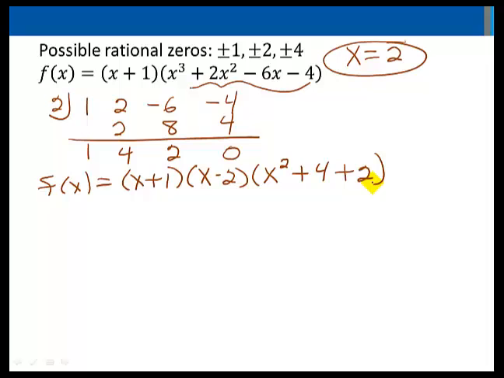My highest power factor is now a quadratic, and at this point I usually quit plugging in possible rational zeros, and I set this quadratic factor equal to 0 and solve for my remaining zeros.